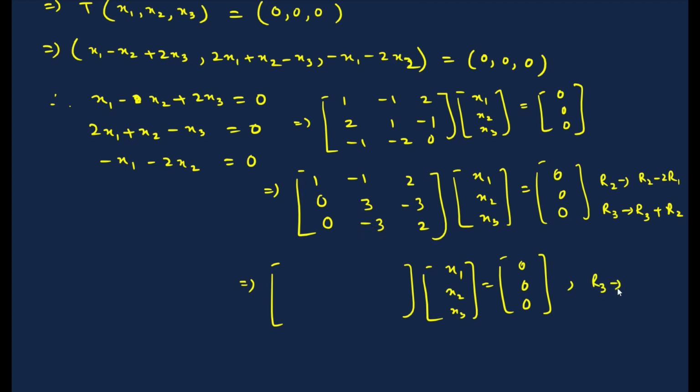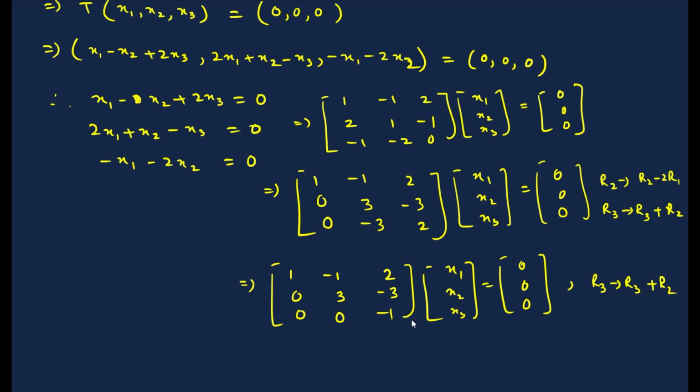So R3 goes to R3 plus R2. I think you still remember all these methods because I uploaded them long back. So kindly practice all these methods, the Gauss-Jordan method, Gauss elimination method, and Cramer's rule, so that whenever you need, you can easily apply them. So it's 0 and this is minus 1.